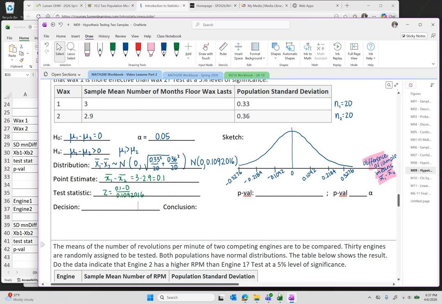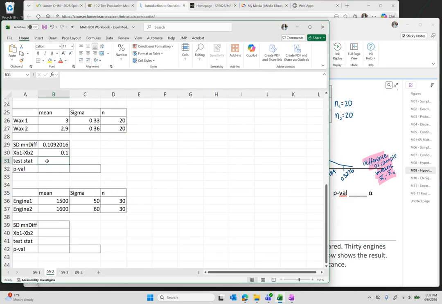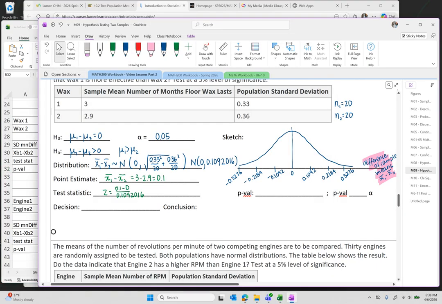And again, I'm going to do that in my calculator or in Excel, not here. So equal to 0.1 minus the null hypothesis. Our hypothesis test assumes that the null difference is 0 divided by the standard deviation. And I get an answer to be approximately 0.9157371.